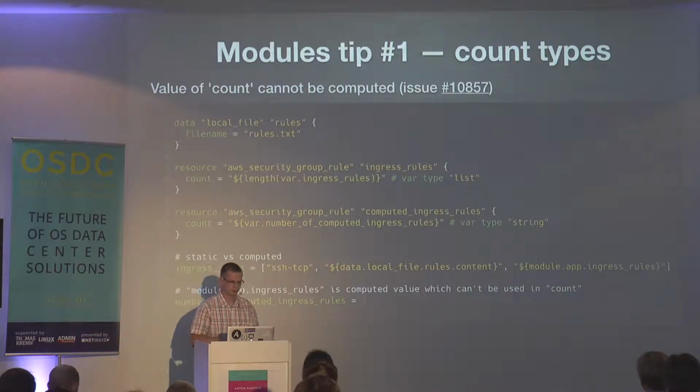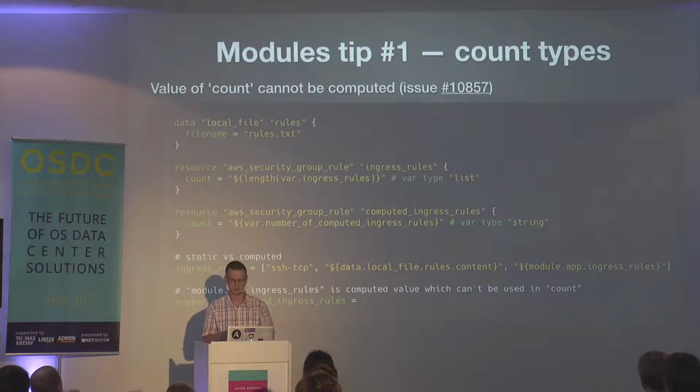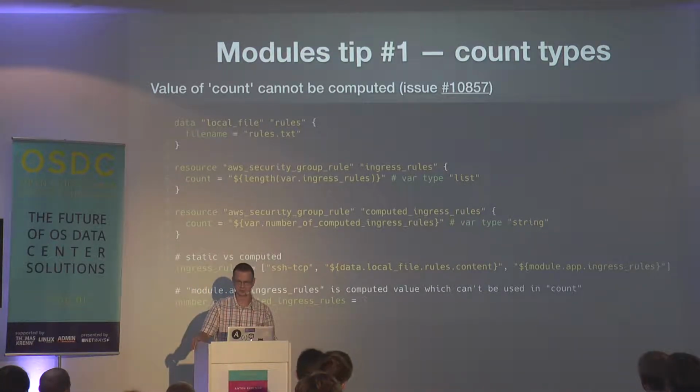Another frequent issue with Terraform 0.11 is that the value of count cannot be computed. So who actually wrote Terraform modules and used Terraform and saw this problem? Right, I was so sure that at least somebody would raise a hand, because this is one of the hottest problems in Terraform.